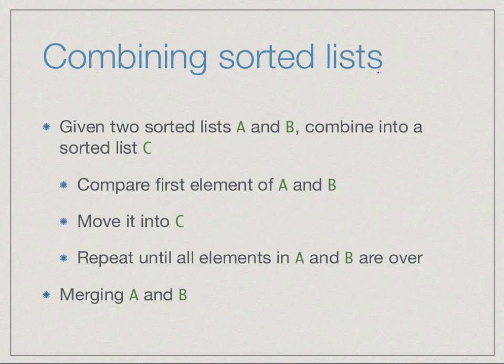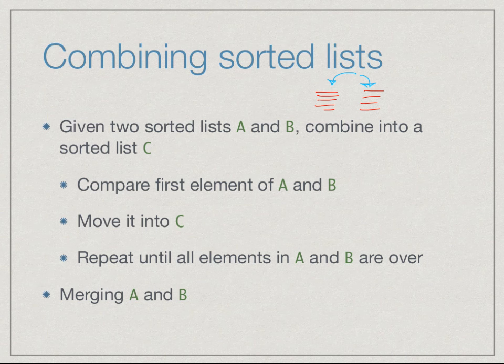Now this is again something that you would do quite naturally. Supposing you have the two outputs from the two teaching assistants, then what you would do is examine, of course, the top paper in both. The top paper on the left hand side is the highest mark on the left hand side. The top paper on the right hand side is the highest mark on the right hand side. So the maximum among these two is the top overall.